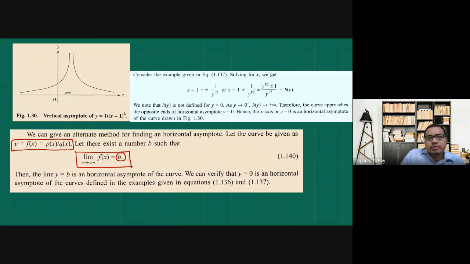Earlier we saw that if it is plus or minus infinity, then it gives us a vertical asymptote.